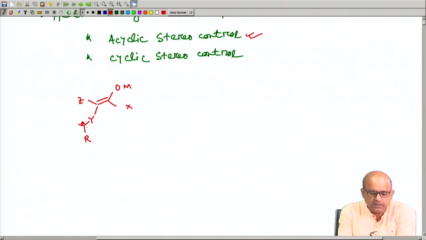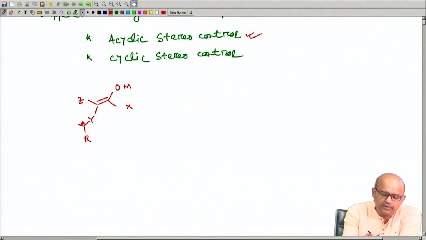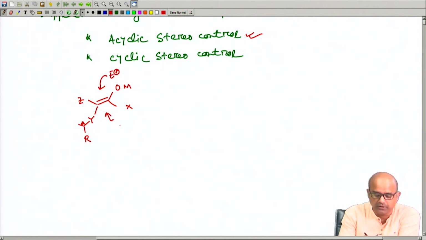If you have a stereocenter here, this stereocenter can direct how an incoming electrophile approaches the trigonal face of the pi enolate. This is the main factor.